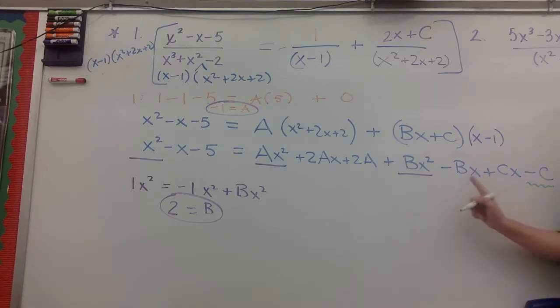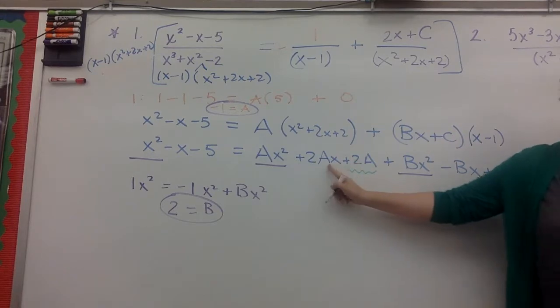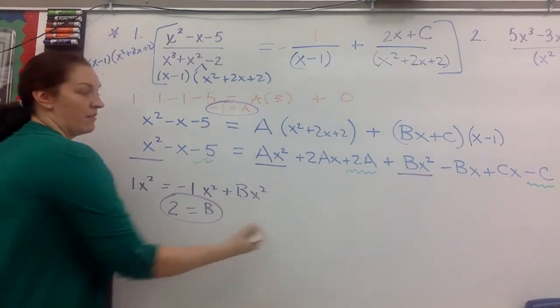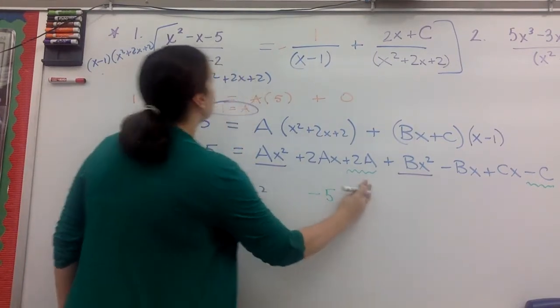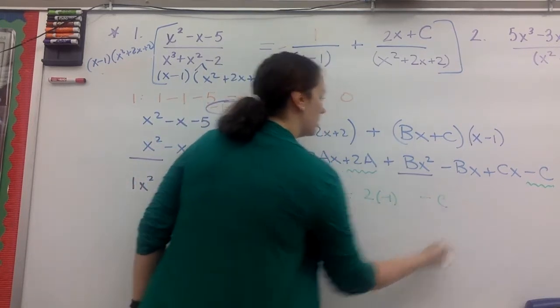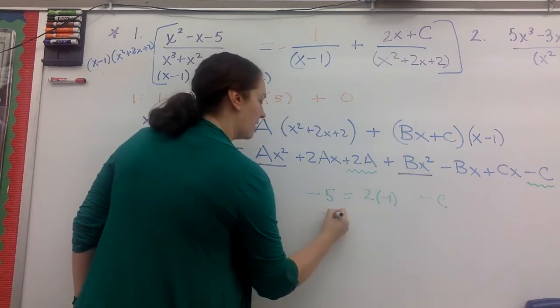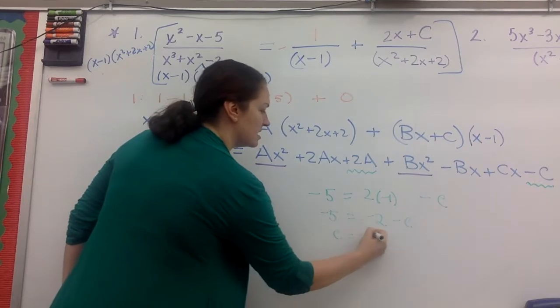There's no x. So now I've got negative 5 is equal to 2 times negative 1 minus c. What is c equal to? Let's see, negative 5 is equal to negative 2 minus c. C is equal to 3.